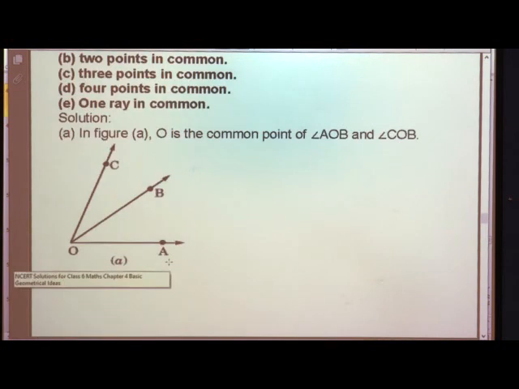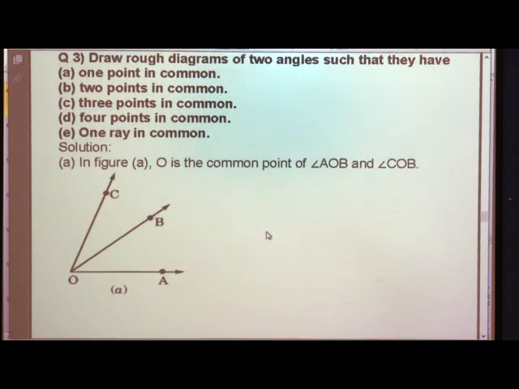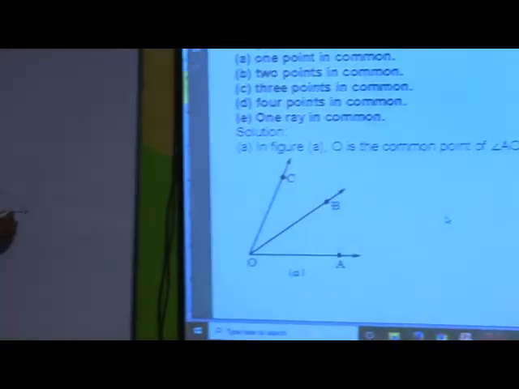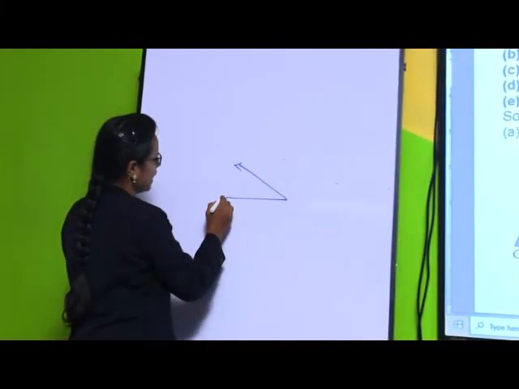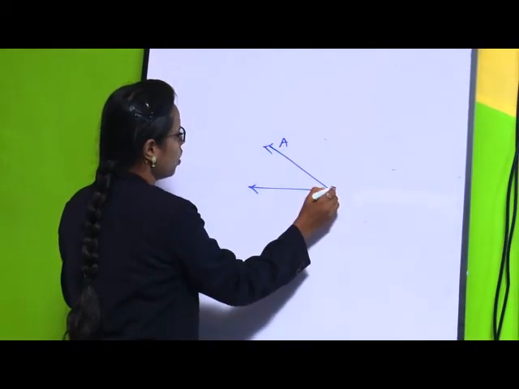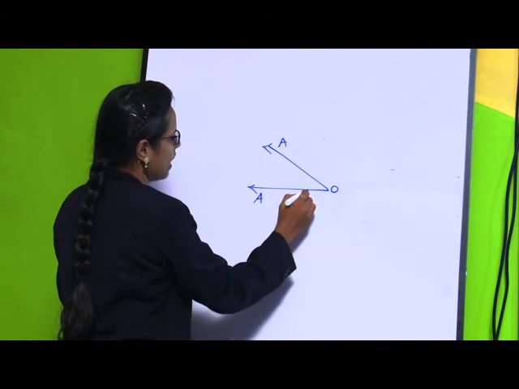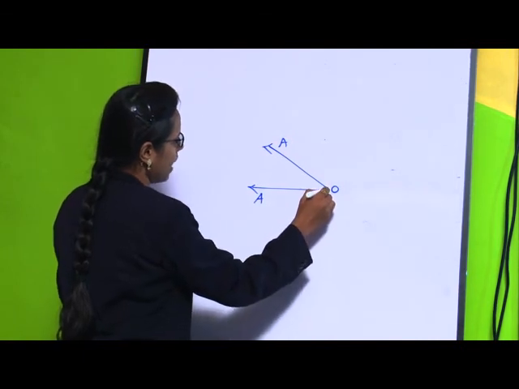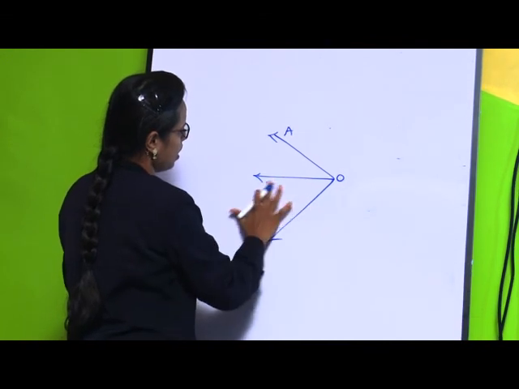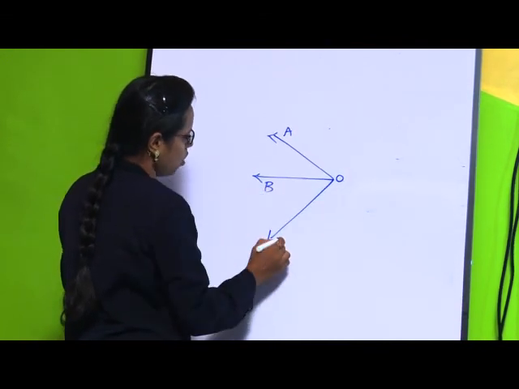Okay. So let us see here. Now you can see we have to find 3 points in common. So let us take this angle as AOB and let us take one more angle from here, that is BOP.